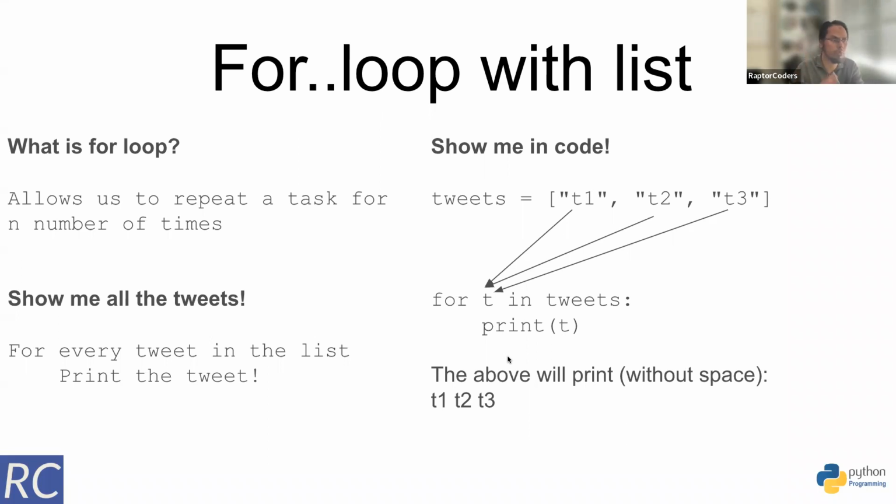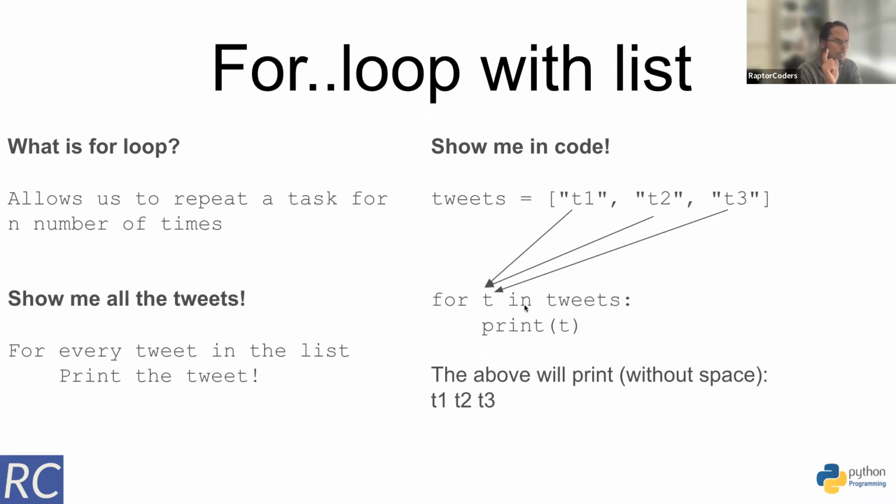Since we have 20, it will be printed 20 times. In this example that is being shown, we have 3 tweets, so it will get repeated 3 times. So here is what the example would print in the console: T1, T2, T3.